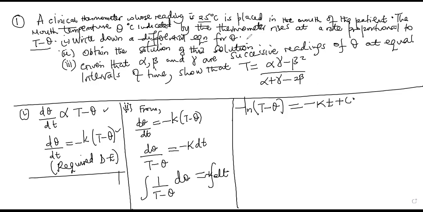But the clinical thermometer whose reading is this is placed, meaning before you place it in the mouth, at time t equals 0, the temperature theta is equal to 25. What does it mean?